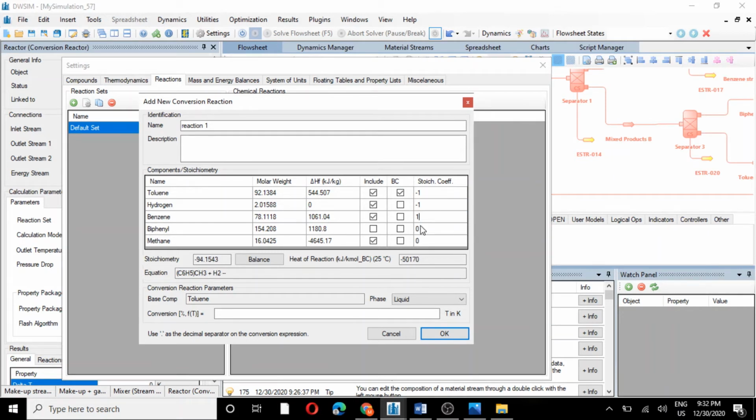For the benzene we have 1, and methane 1, and this phase is in mixture. For the conversion we have 80% conversion, and click OK. You can also see the equation here to check if it is correct. So click OK.